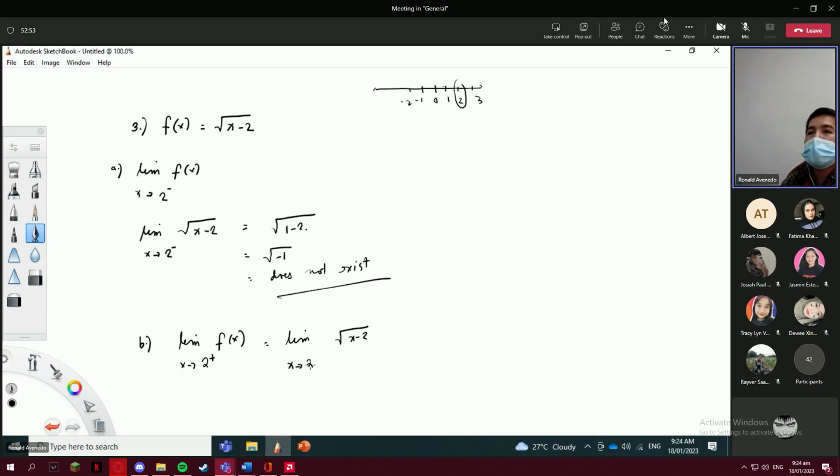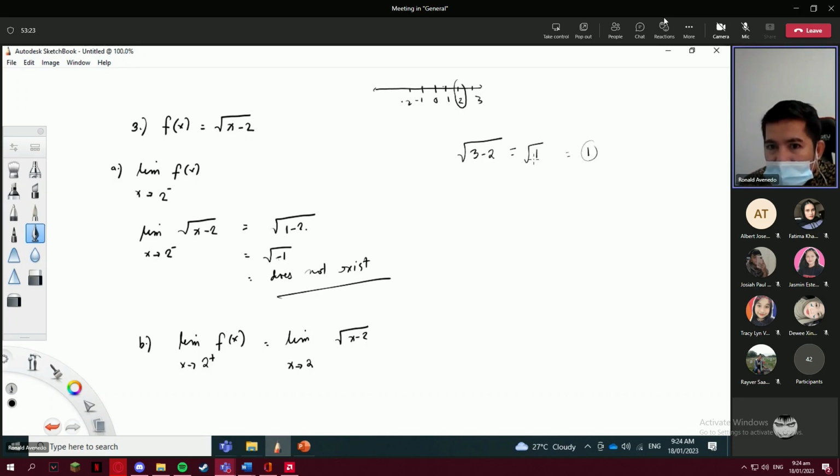Now, if we assign a number that is right of 2, then we can use 3, 4, 5. With 3, we have 3 minus 2, which is the square root of 1, and this is 1.